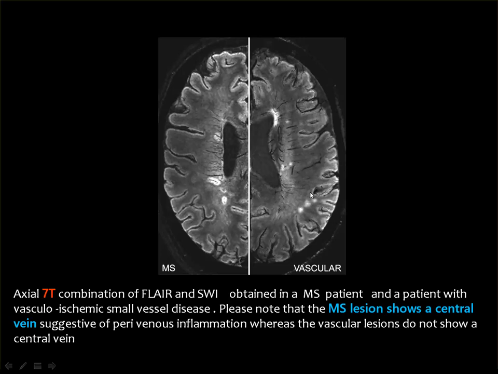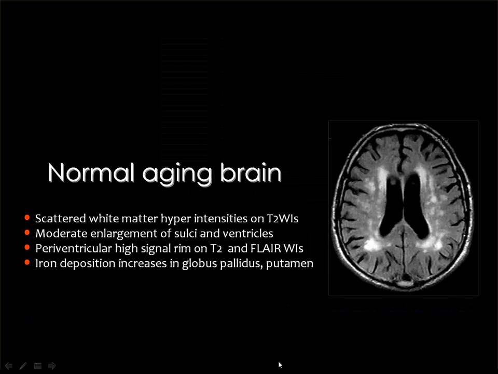They are not perpendicularly oriented to the ventricle, and the MS lesions, as you can see, are perpendicular, and they are surrounding the venule itself. This idea supports the value of susceptibility weighted images in differentiating these two cases whenever there is some overlap between both.